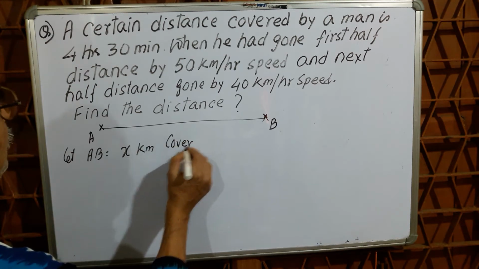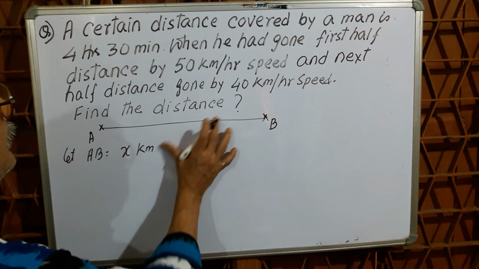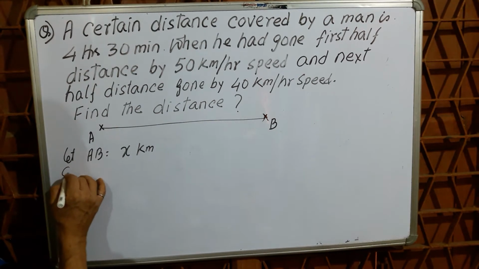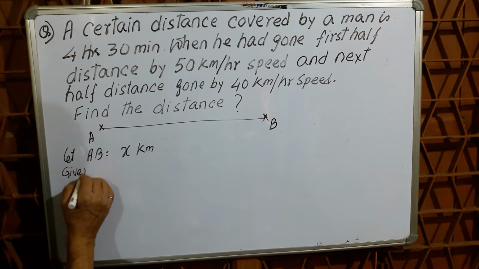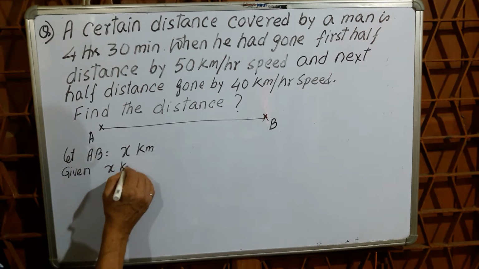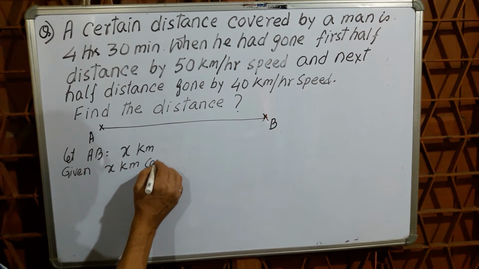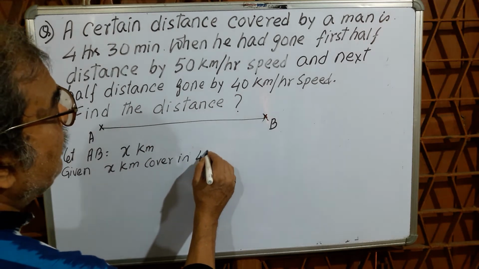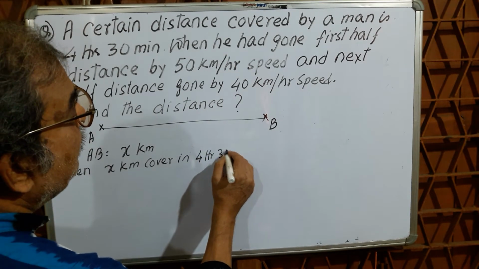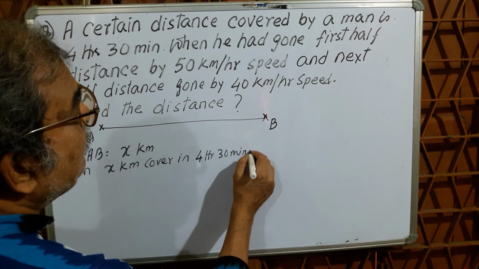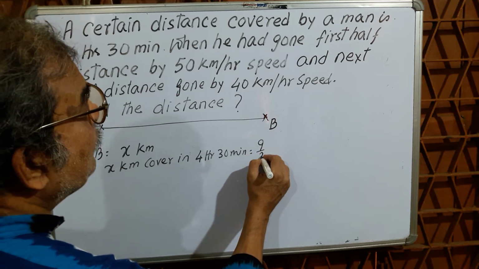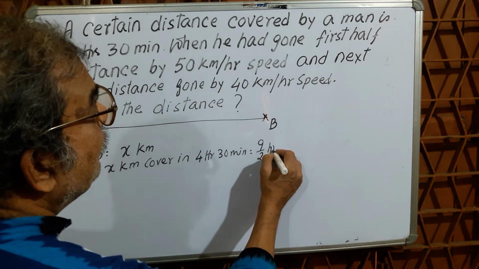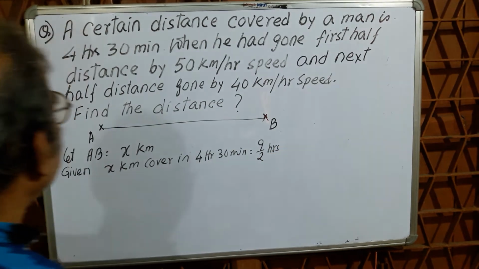It is given, so you write here: given, x kilometer covered in 4 hours 30 minutes, means simply you write 9 by 2 hours for easy calculation.